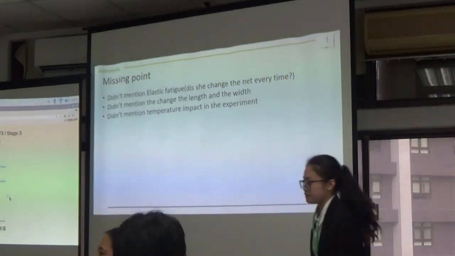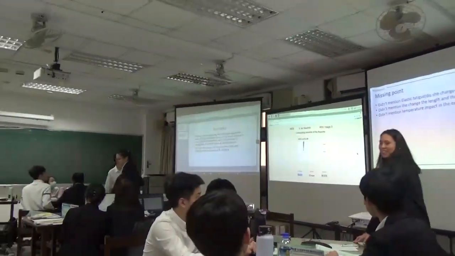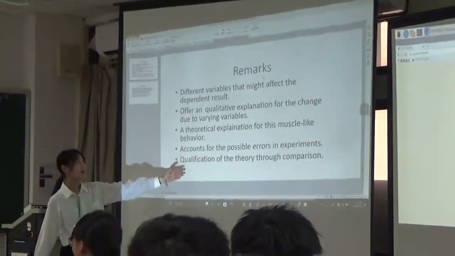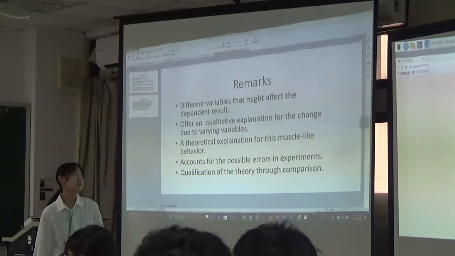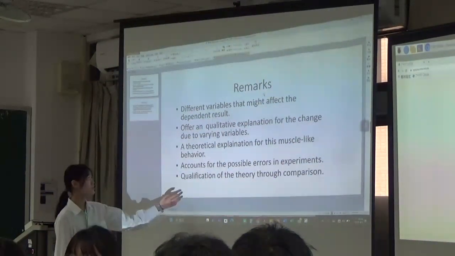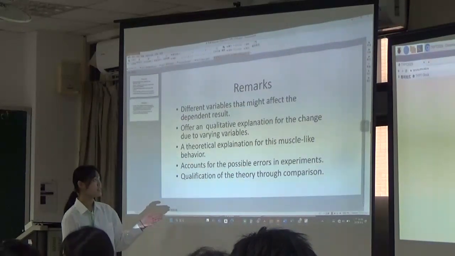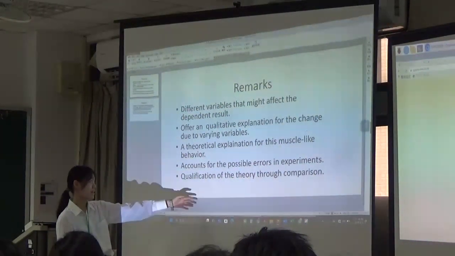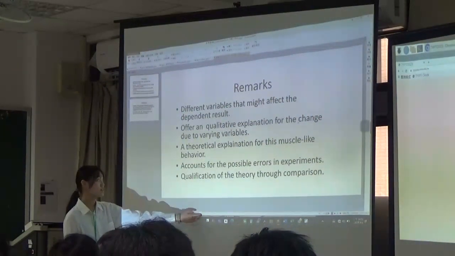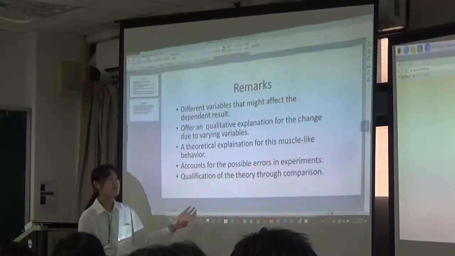Thank you. Concluding remarks. So for the remarks, different variables might affect the dependent result. In offering a qualitative explanation for the case of two varying variables, a theoretical explanation accounts for the possible errors in experiments, and multiplication of the theory through comparison.